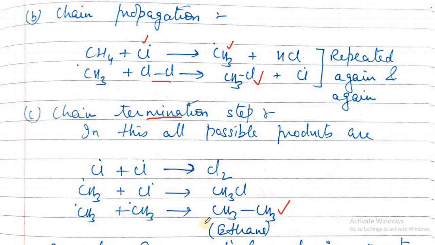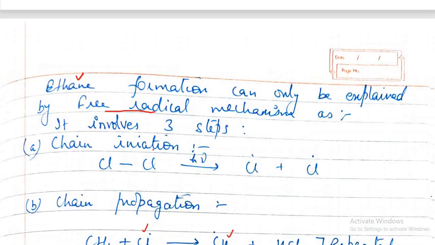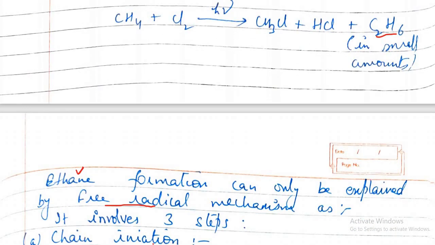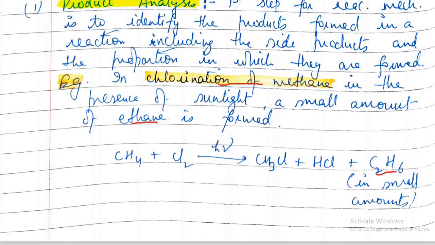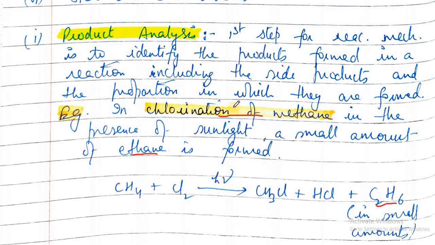It can only be explained on the basis of the free radical mechanism. It means that in this chlorination of methane, the mechanism involved is the free radical mechanism.